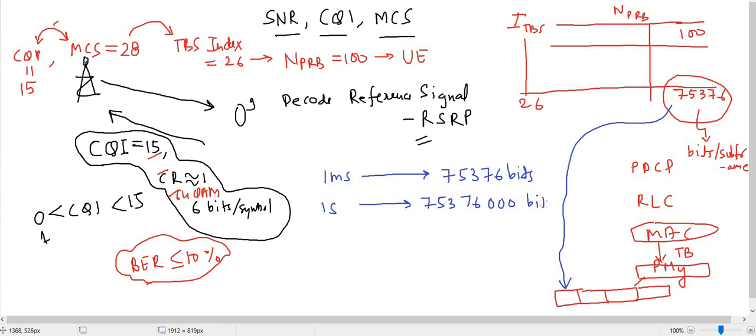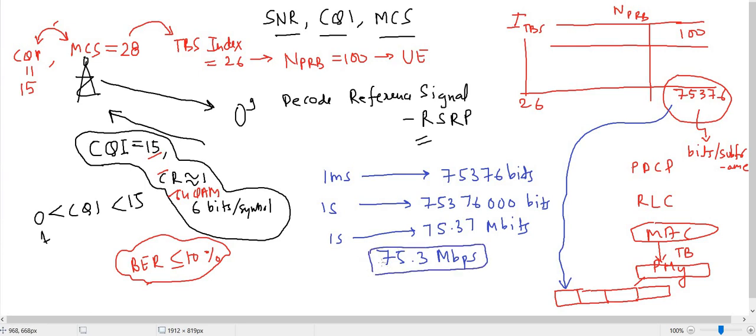If we convert into megabits, it will come to around 75.37 megabits in 1 second. So our throughput will be 75.3 Mbps. So guys, this is the downlink throughput, right?